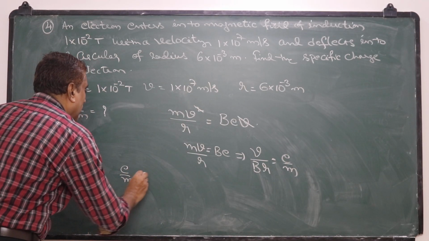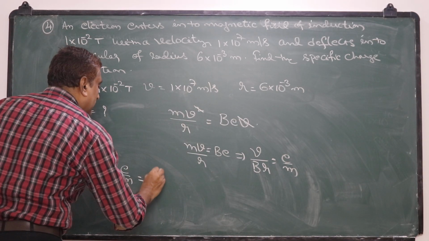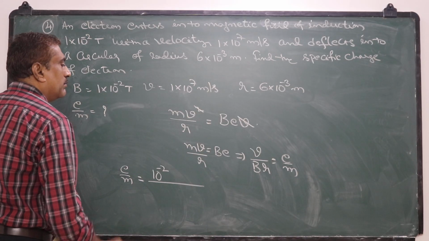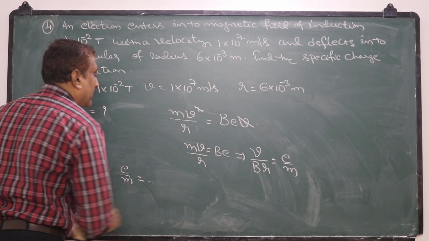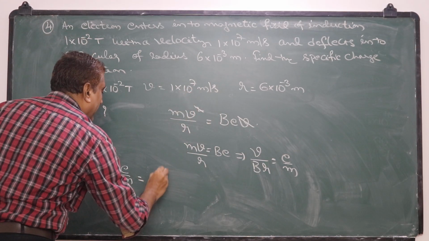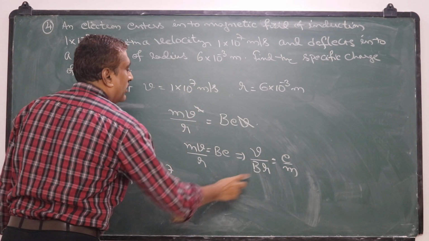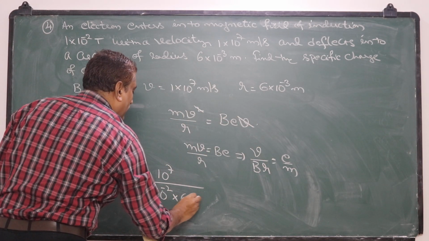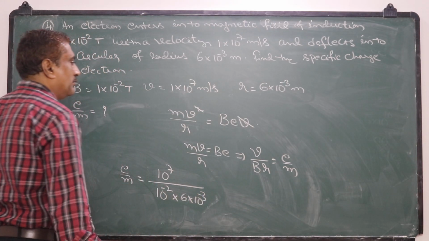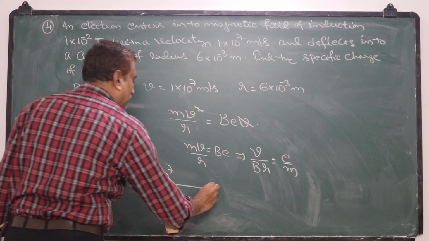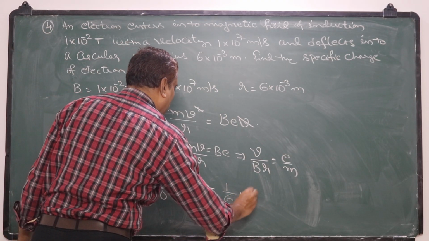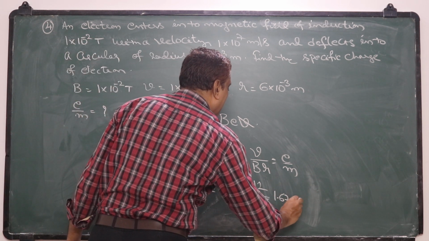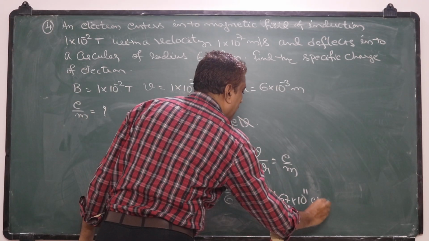So e by m is equal to velocity 10 power 7 by B is 10 power minus 2 into radius is 6 into 10 power minus 3. So minus 2 minus 3 is minus 5, so 10 power 7 plus 5 is 12, that is 1 by 6 into 10 to the power 12. That is approximately 1.67 into 10 power 11 coulomb per kg.